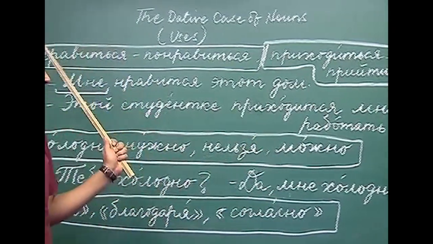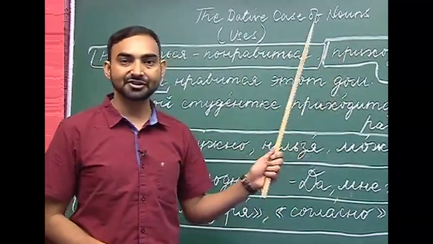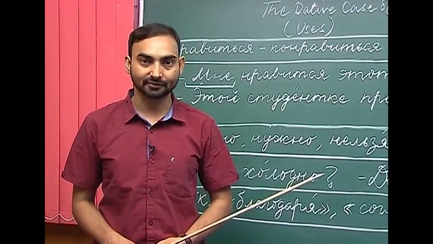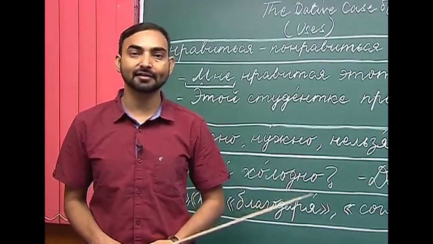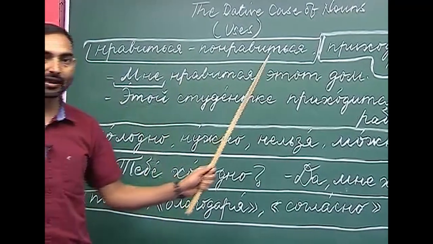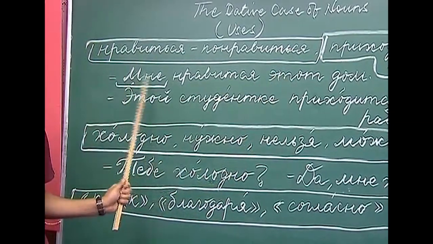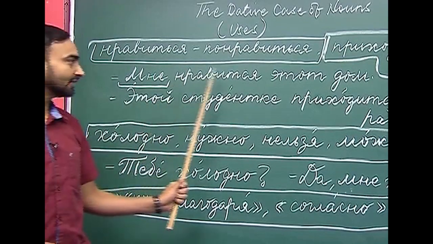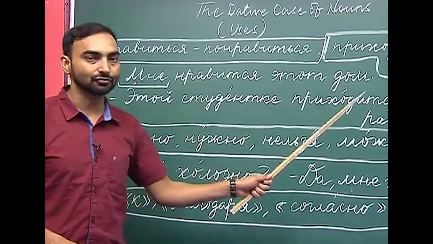So, these are few verbs which take the dative case of nouns as their logical subject. Why are we saying logical subject? Because, for example, mnye nravitsa etat dom. If you translate this sentence into English, it will be translated as I like this house.